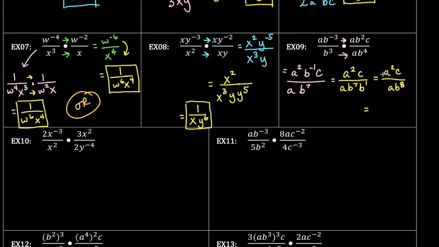So there's 1 left on top, 1 a left. There are 8 b's multiplied on the bottom. There's a c on the top. Cool.